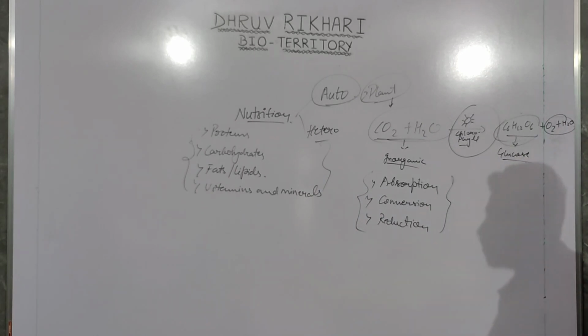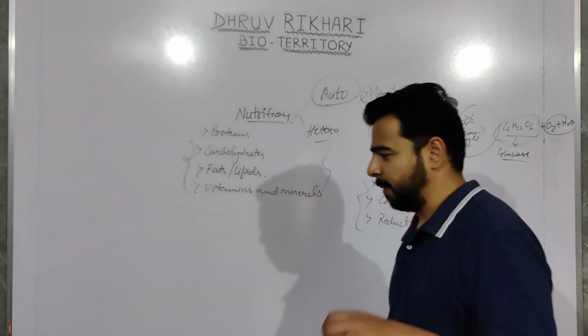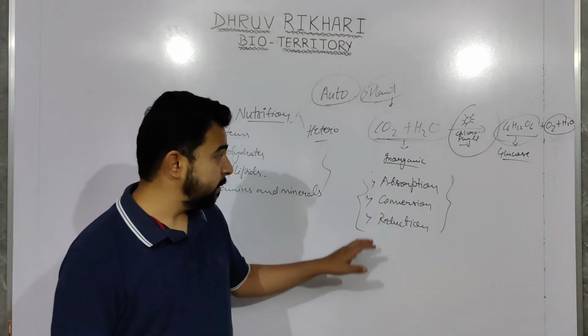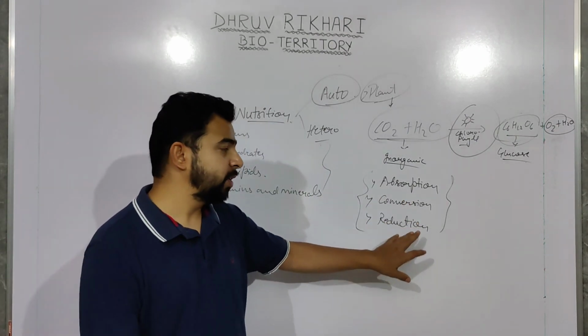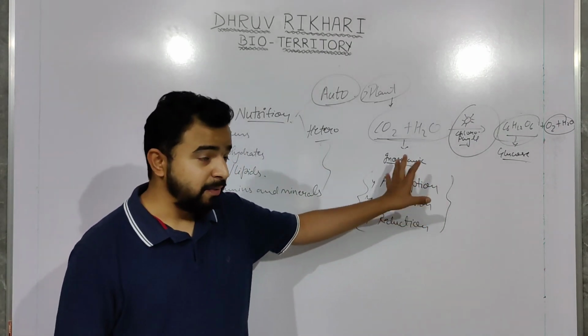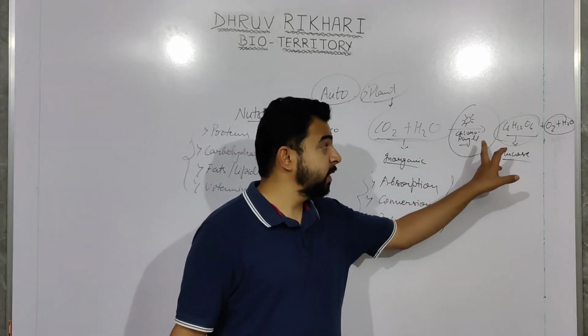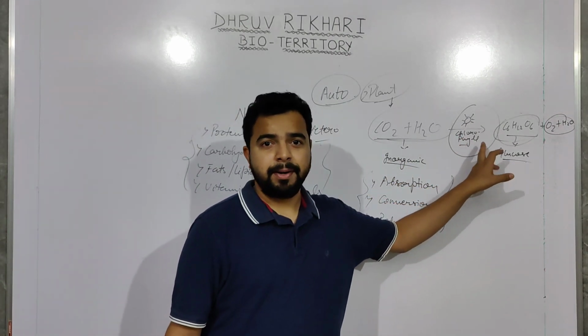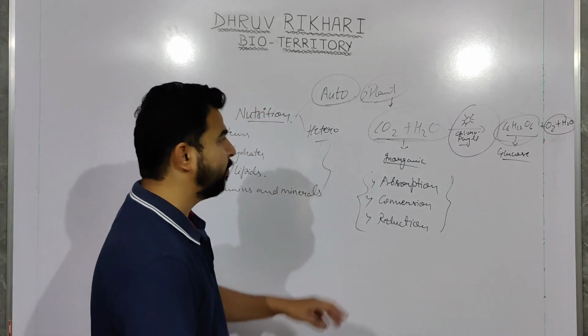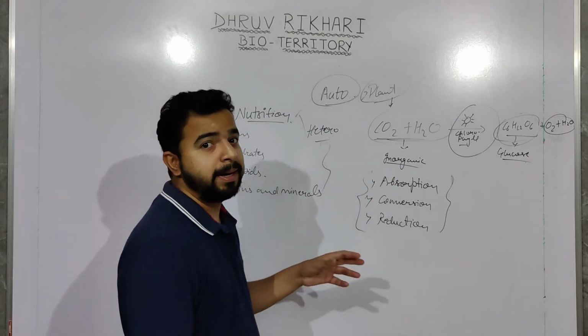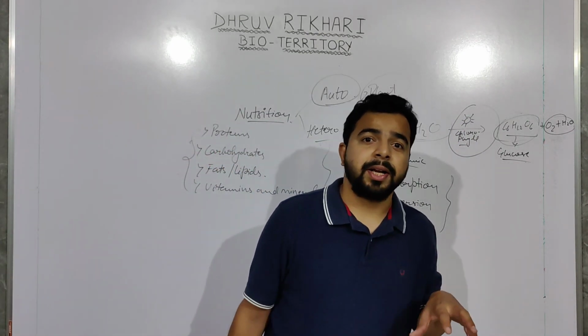So this glucose molecule is an essential product. And what are the 3 steps taking place here? Absorption, conversion and reduction. It takes place within the chlorophyll pigment. Okay? And these chlorophyll pigments are mainly present in the plastid, which is a cell organelle.